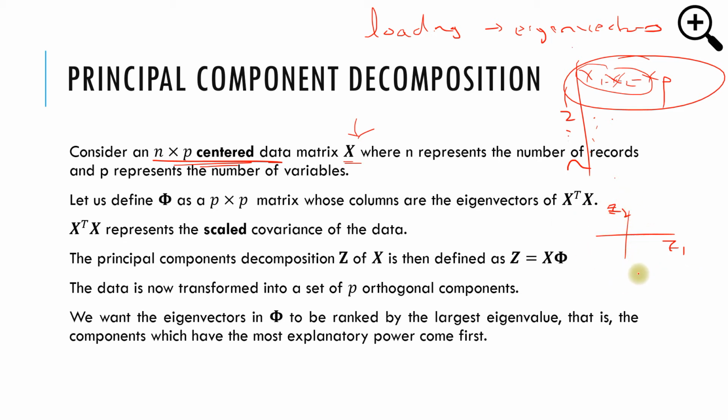So if you have a direction for z1 and a direction for z2, they are orthogonal. That would mean you would have a set of two vectors. All right.